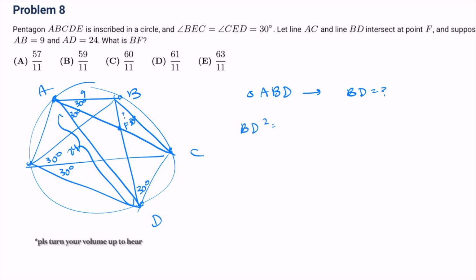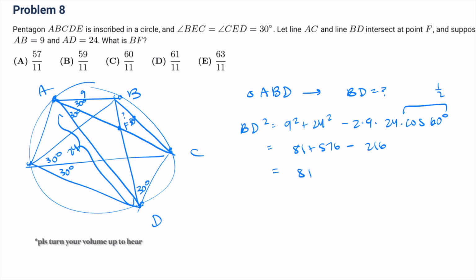Specifically, BD squared equals 9 squared plus 24 squared minus 2 times 9 times 24 times the cosine of 60 degrees, which equals 81 plus 576 minus 216, which equals 81 plus 360, which equals 441. Thus, we get BD equals 21.